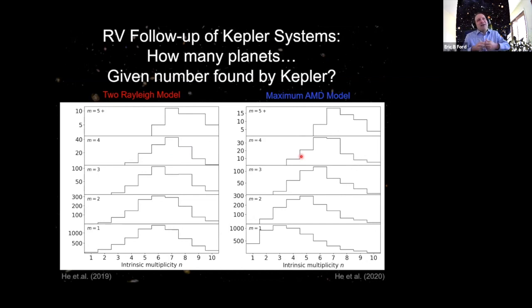And I'm probably not going to learn a lot more about the mutual inclinations or find some surprise by finding the remaining planets that don't transit. On the other hand, when I see only one transiting planet, then these two models make wildly different predictions for how many other planets are in the system, right? In one model where the typical system had 5 planets, I see one, well, I still expect to find 5 or something more if I had a really good radial velocity follow-up program.